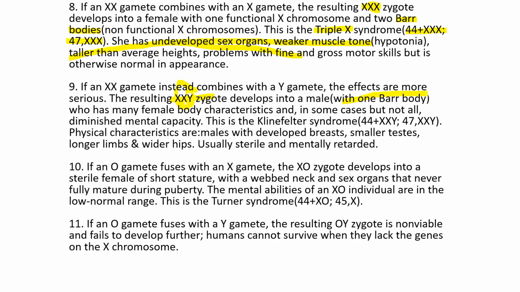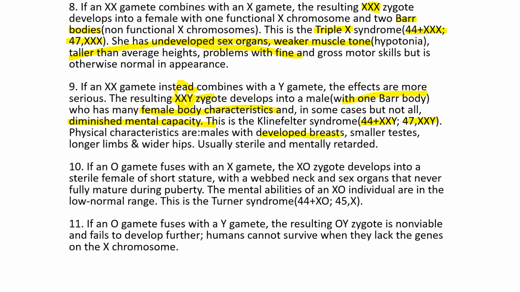Now this XXY individual has female body characteristics. In some cases, not all, they experience diminished mental capacity. This is known as Klinefelter syndrome, 44 plus XXY or 47 XXY. Now, the physical characteristics: they are male with developed breasts.